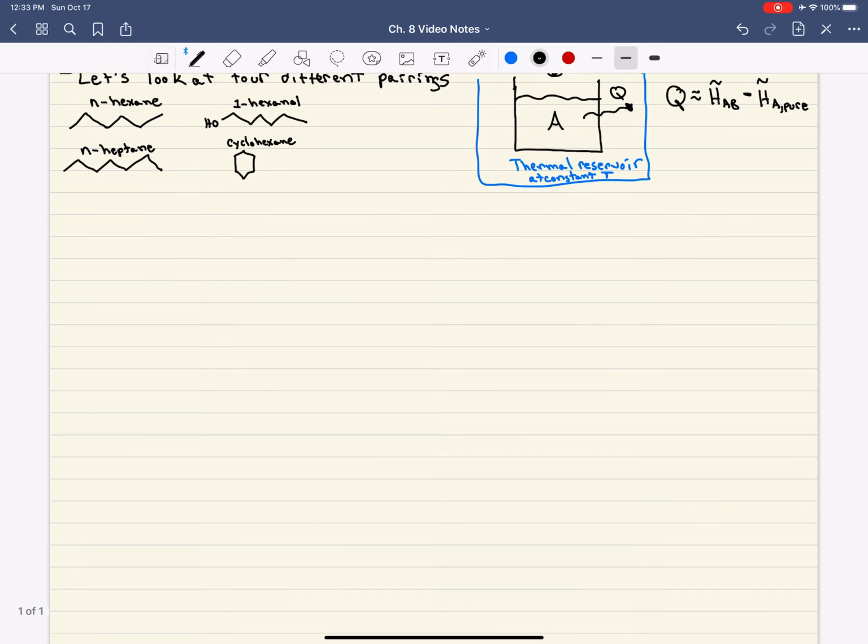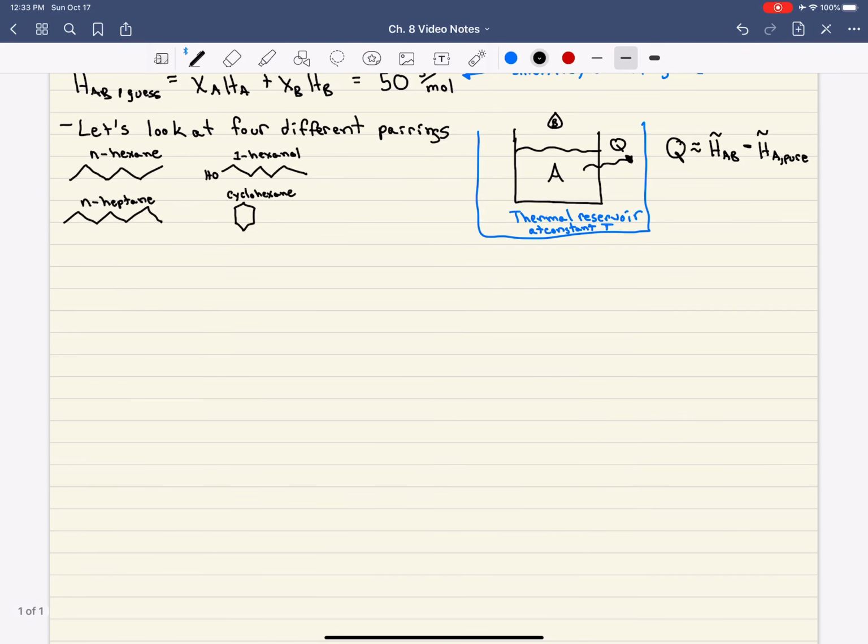And so we're going to look at 4 different pairings for our mixtures. For the first pairing, substance A is going to be N-hexane, and substance B is also going to be N-hexane. So we're just adding the same chemical to itself. That's the basic idea.